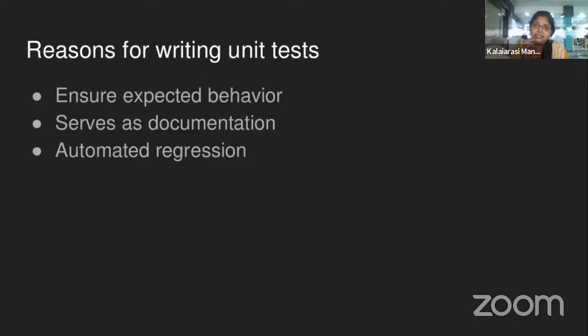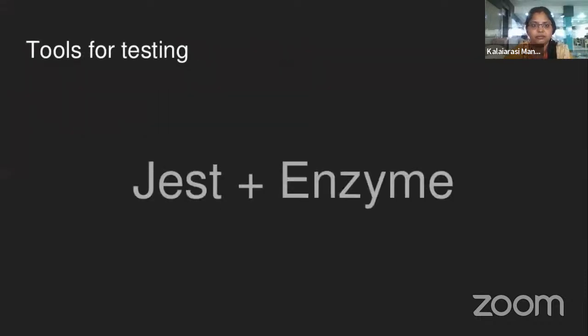So in the test, I myself say that this is the expected output, and ask you to check whether you are doing the same thing for me or not. So this is a simple unit test we are going to do. And unit tests are very helpful in documentation because you're going to care about each and every single instruction. And then, of course, regression. It is purely for regression.